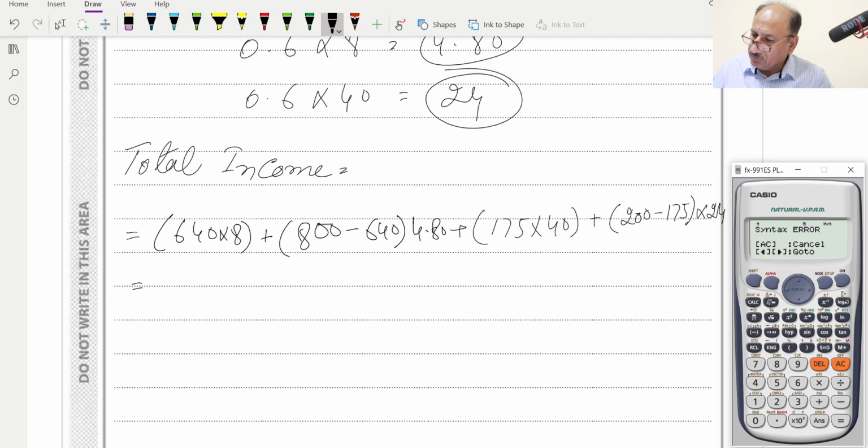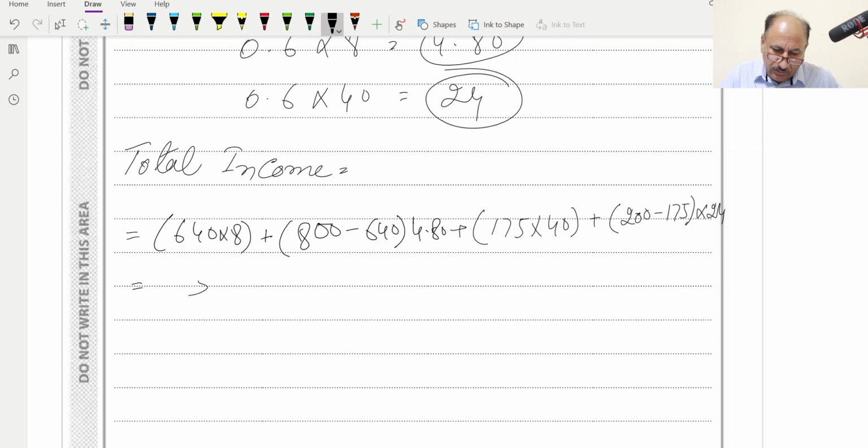This is equal to 56688. Why is our answer not matching? We have made some mistake in calculation. This is not 2000, this is 200. So now this is matching: 13488.